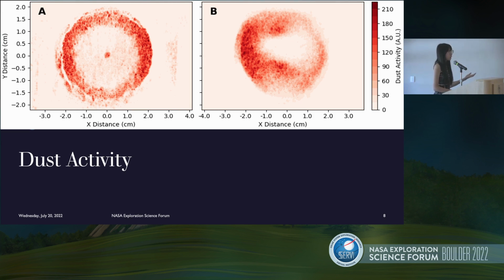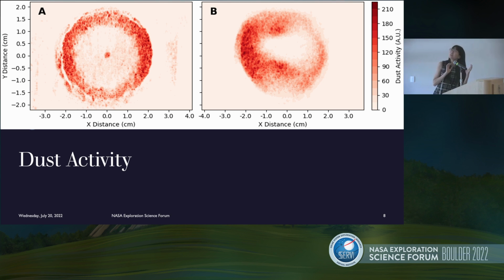Once again, here on the left, the dipole magnet is pointed upwards, out of the page, out of the dust bed. On the right, the magnet is parallel to the dust surface, so it's embedded this way and pointed top down here.